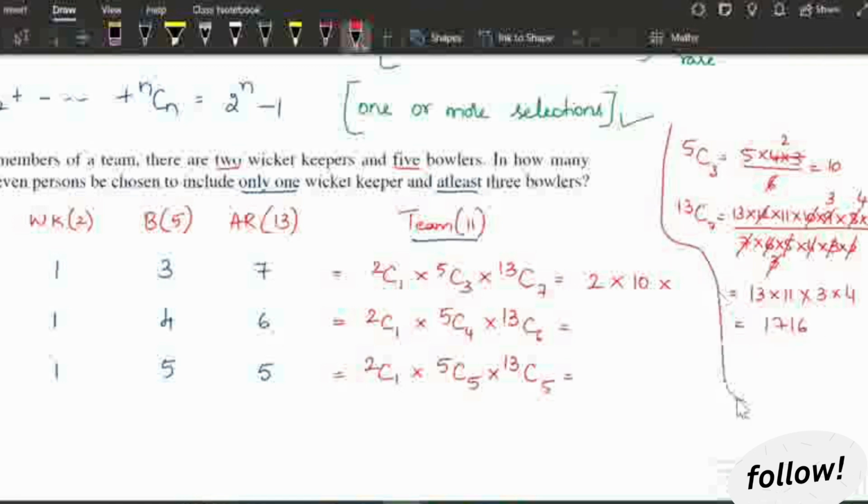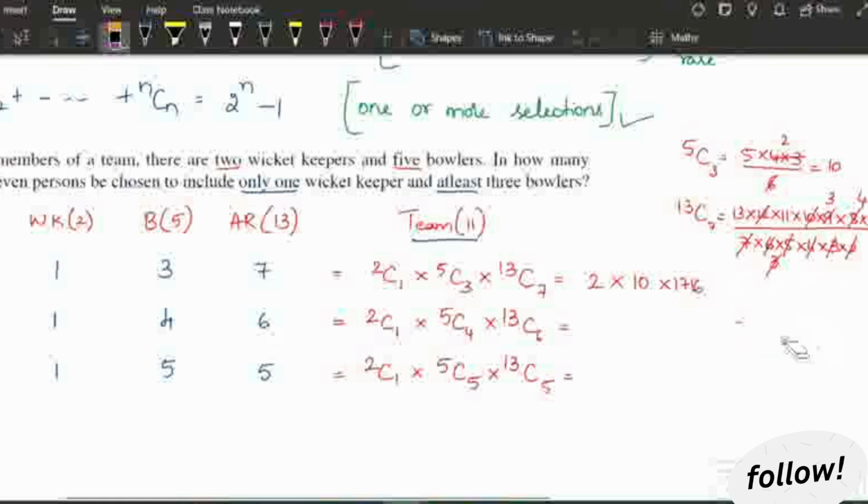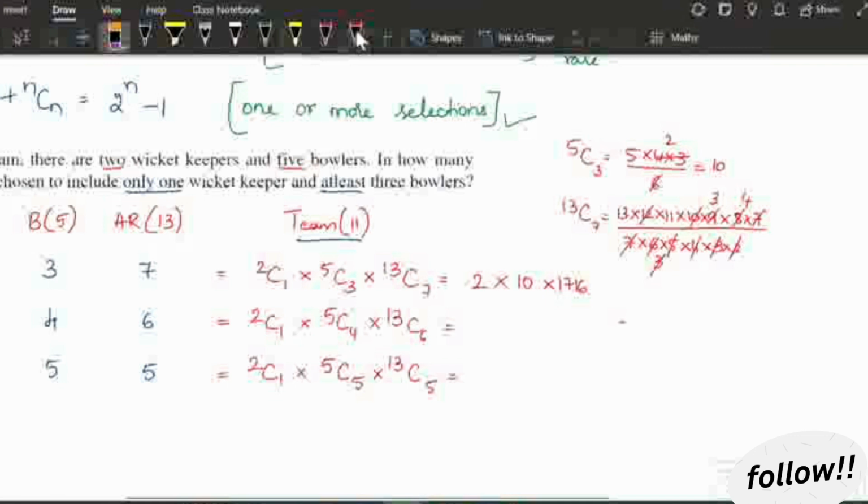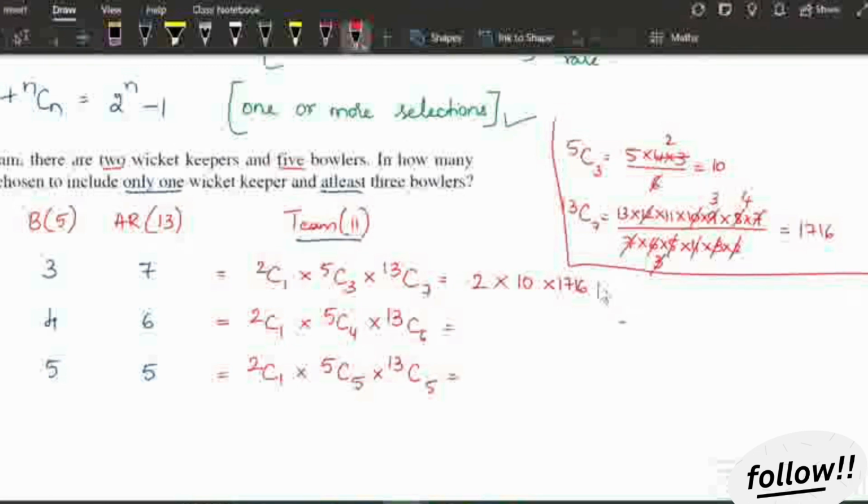So this should be in your rough column. So this is 1716. So this is equal to 1716 into 20, which is 34320.